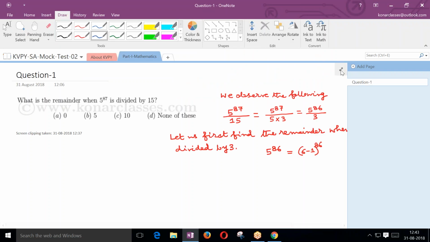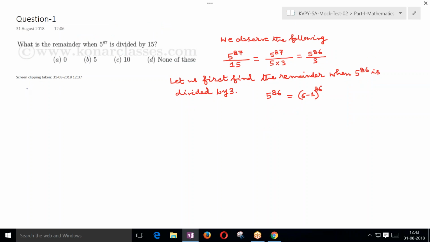If I go back to the theory quickly, if you have a plus b power n, we can express it as nC0 into a power 0 into b power n minus 0, plus nC1 into a power 1 into b power n minus 1, plus nC2 into a power 2 into b power n minus 2, and in that way it will continue, and finally you will get nCn into a power n into b power n minus n.